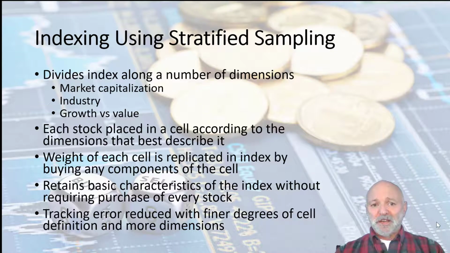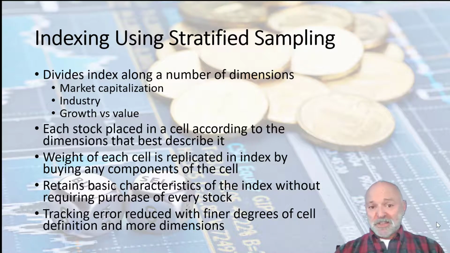We can also use an alternative approach where we look at things like growth versus value stocks, blended stocks. And we'll do this by putting each of those stocks in a cell in a matrix, essentially trying to match our matrix of investments to the matrix that would represent the index.